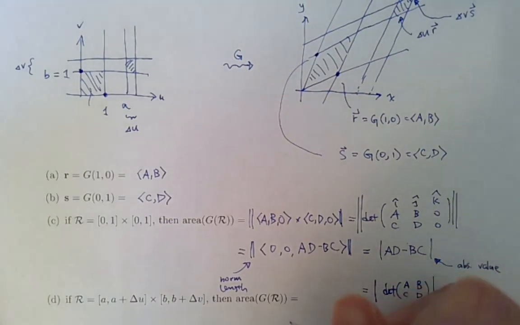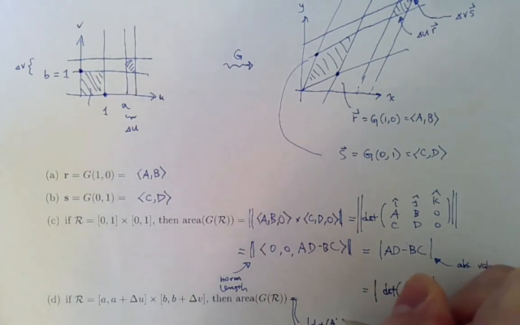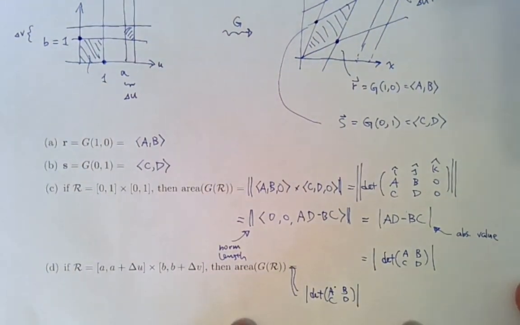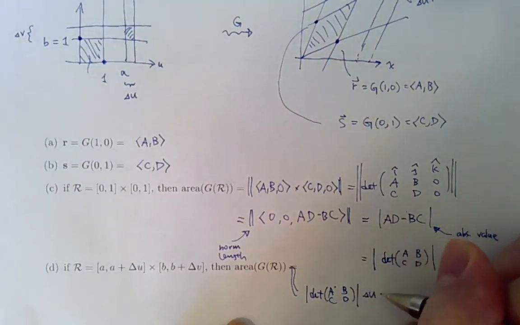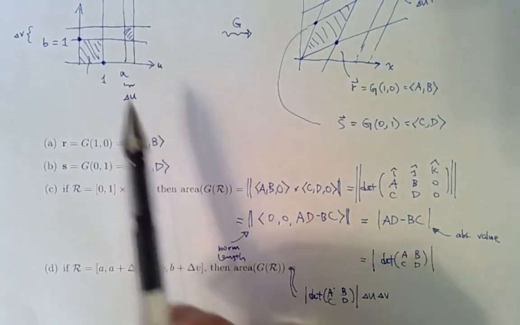So then here, the area is equal to the determinant A, B, C, D times delta U times delta V. Everything just here is 1.